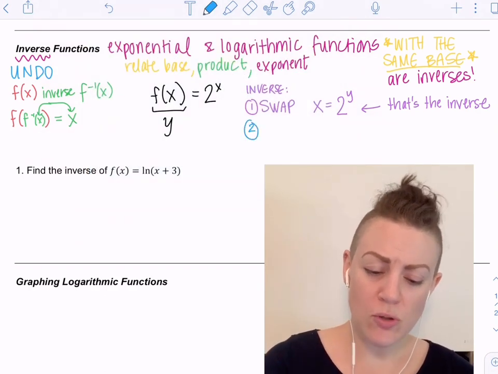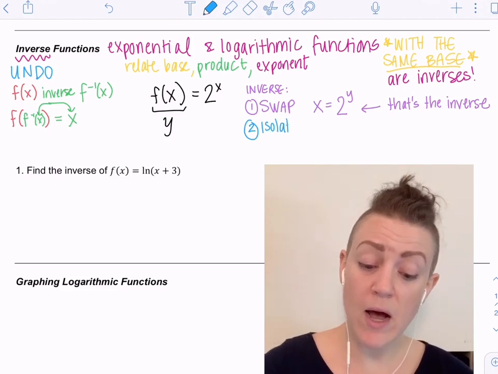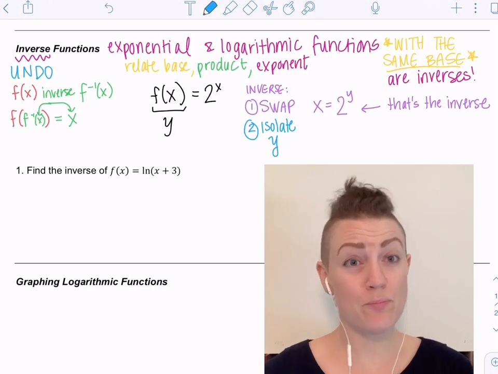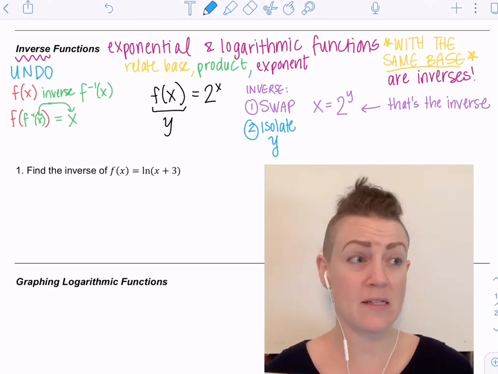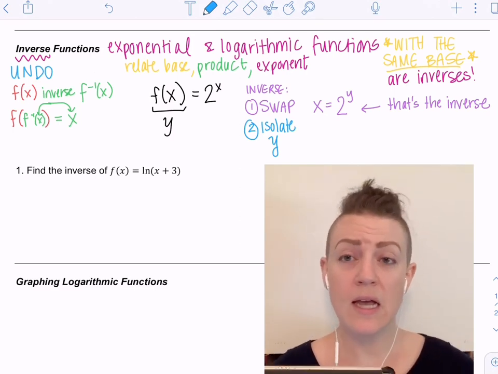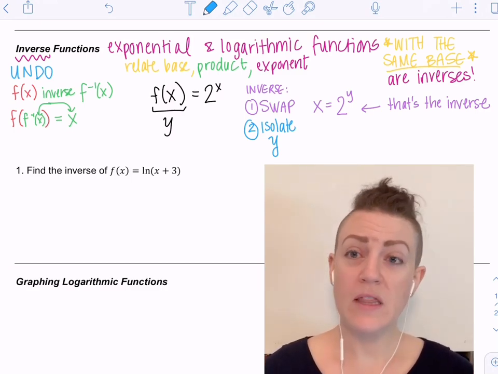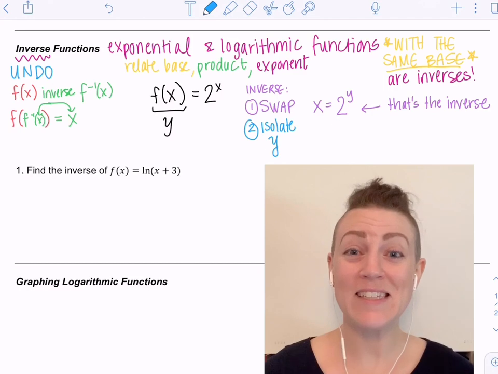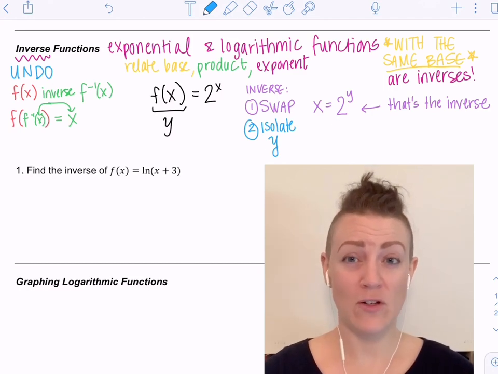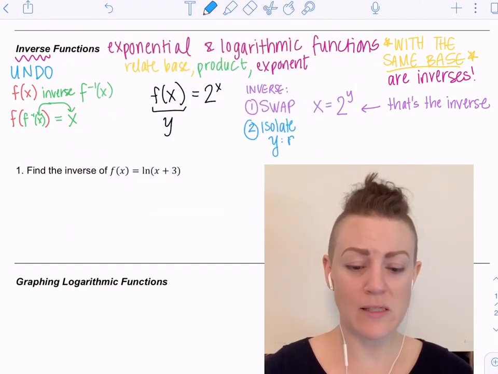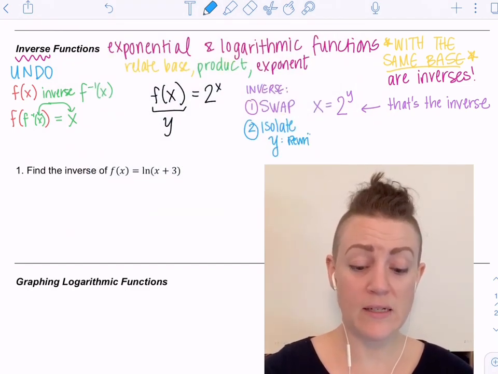So step 2 is isolate y. This is a step you've done many times, except previously we did it with things like squaring and square rooting. Now we're doing it with exponents and logarithms. But the fundamental idea of isolating y for an inverse function is the same. In order to do that, we need to, you guessed it, rewrite as a log.